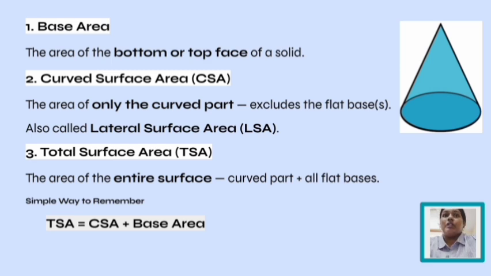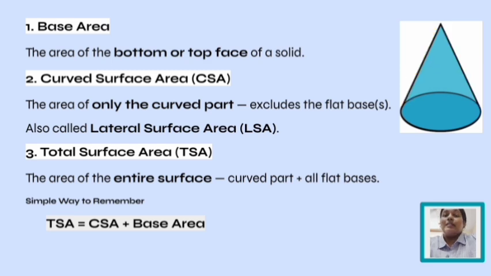These are very important, not just for cone but for all solid shapes. So number 1, the base area. This is simply the area of the bottom face of the shape. For a cone, the base is a circle, so the base area is equal to the area of the circle. Next is curved surface area. We write CSA. This is the area of only the curved part of the cone, like the outer skin of the cone, not including the base circle.